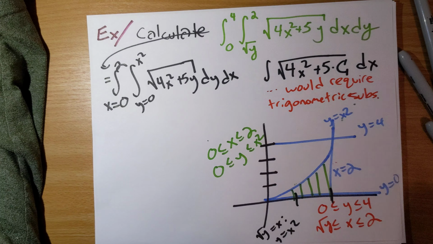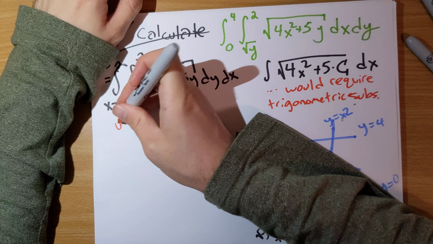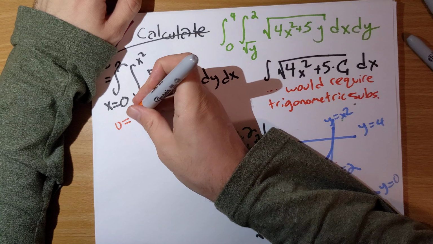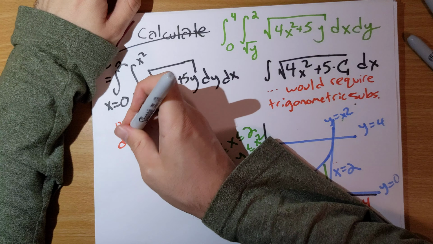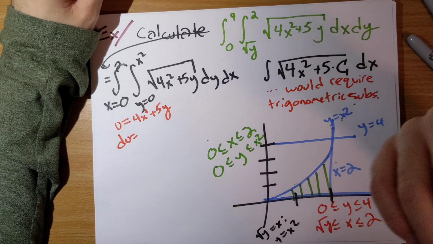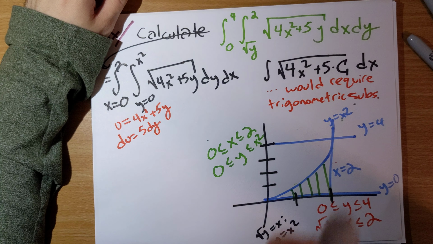So maybe the best way to do this is with a substitution. Let u equal 4x squared plus 5y. For du, we're thinking of x as a constant here. du is 5 dy.